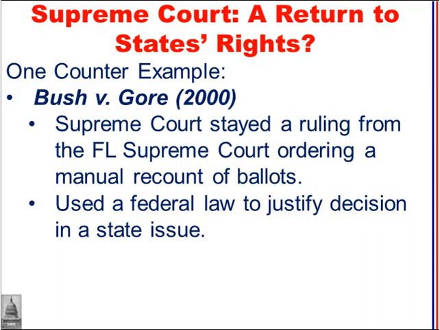It used a federal law to justify a decision in a state issue. So in this case, a conservative court, which would typically like to give more power to the states, superseded state power by using a national law, a federal law. So for a lot of pundits who watch the Supreme Court, Bush versus Gore was not a decision that you would expect from a typically conservative court.